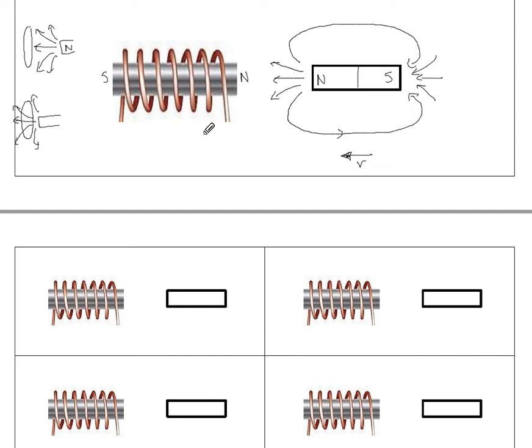Then we use our right-hand rule: if we take our thumb and make a fist, here's my thumb, and my fingers are going to curl around like so. There's my hand, my thumb pointing that way, my fingers curling around.